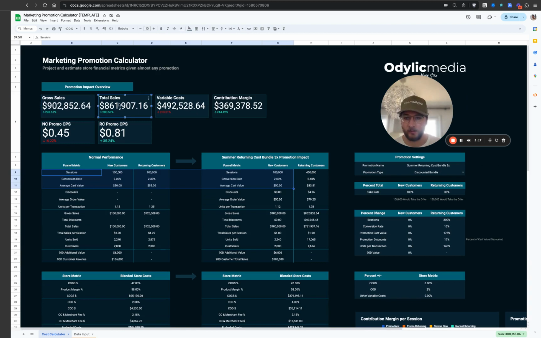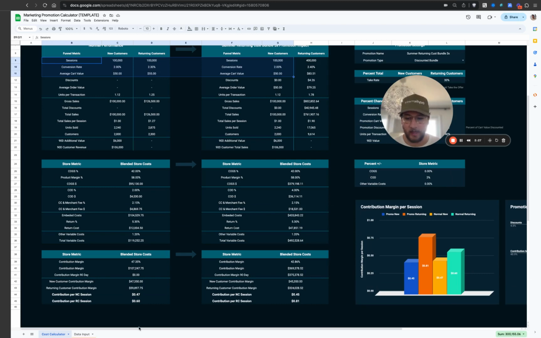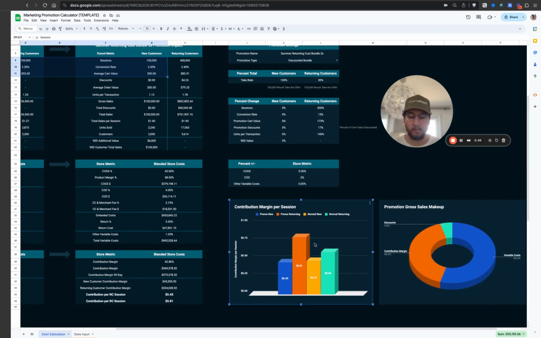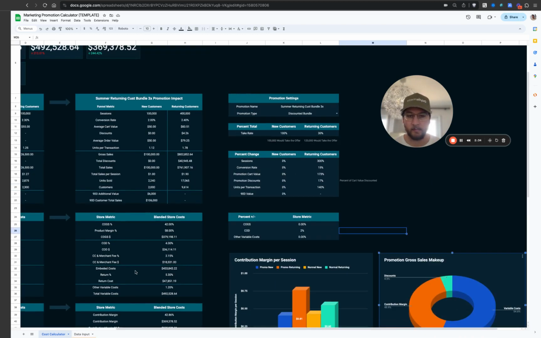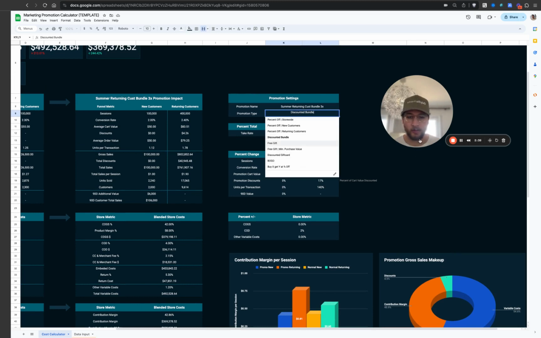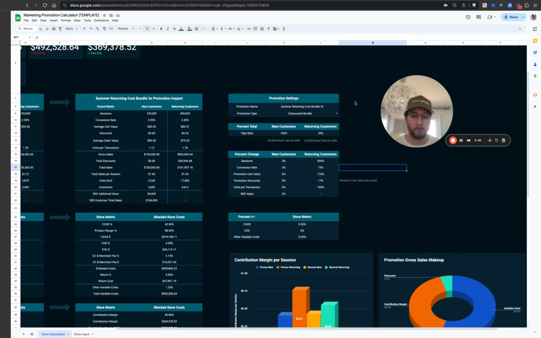We have high-level metrics up here, like the promotion effect and change on gross sales, net sales, variable costs, new customer promotion, contribution per session, and some other metrics. And then we have some visualizations of these metrics comparing session value and promotion gross sales makeup. Very simple. The way you use this calculator, you name a promotion, choose what kind of promotion you're going to be running. This can do around 10 different promotions, which accounts for 90% of all promotions out there.